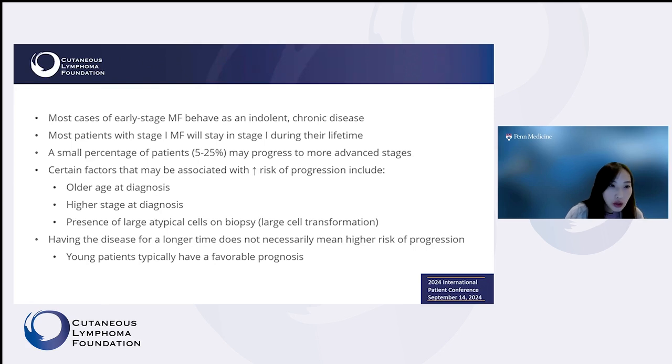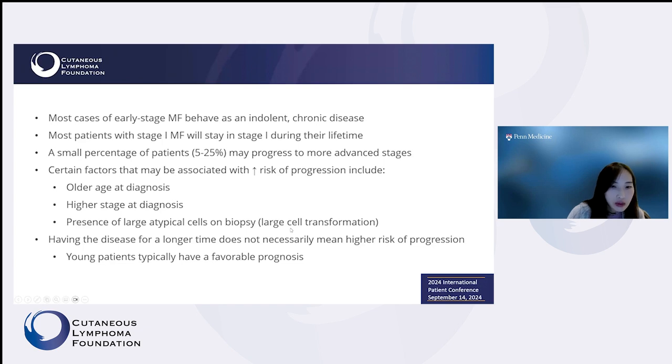There is a small percentage of patients, about 5 to 25%, depending on your source, who may progress to more advanced stages. Factors associated with an increased risk of progression include older age, higher stage at diagnosis, and whether you have some large atypical cells on your biopsy, which is called large cell transformation.